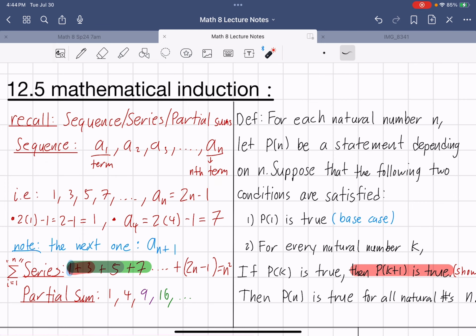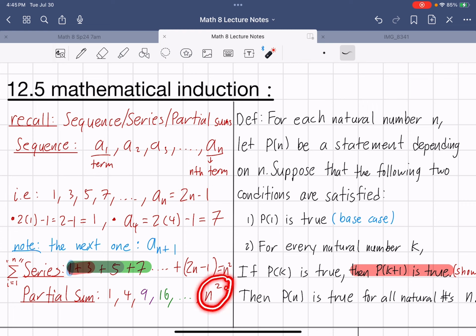A series takes that sequence and adds each term together. But there's a formula to find each term in that sequence. A series adds all those terms together. Our partial sum creates a formula to be able to find each one of those partial sums, either adding the first one, the first 2, the first 3, the first 4. There is a formula, the same way that here we had a formula to find each term in the sequence.